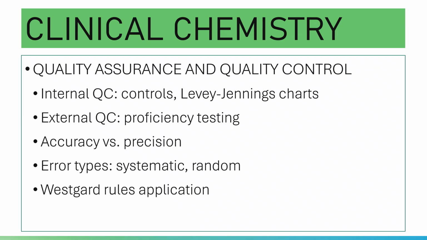And then you have your external quality control. External quality control is actually your proficiency testing. In clinical chemistry, there is what you call NEQAS or EQAS. In clinical chemistry, please note, external QC is monthly.